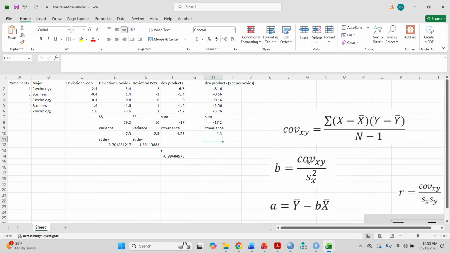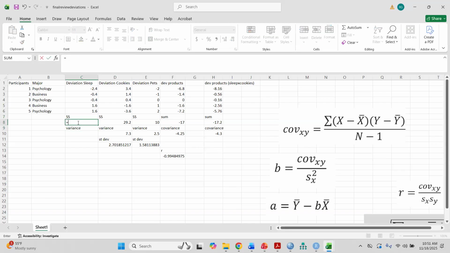Okay, so that's covariance. Now we're going to get the slope. The slope is going to be covariance divided by the variance of x. Well, in this case, sleep is the variance, so we need to figure out the sums of squares, and then we can get variance after that.